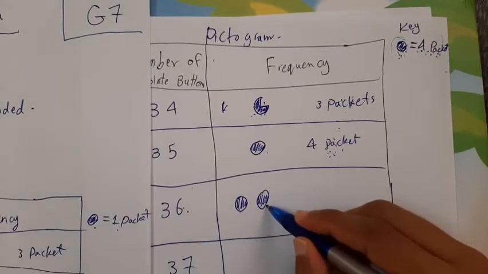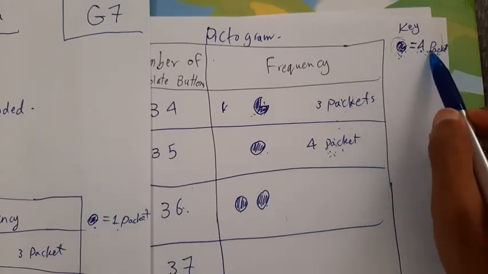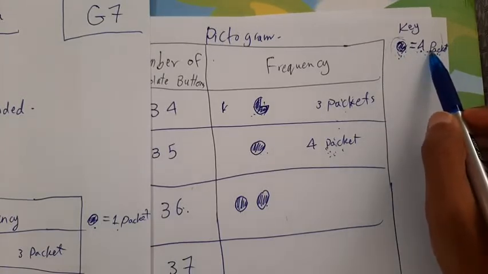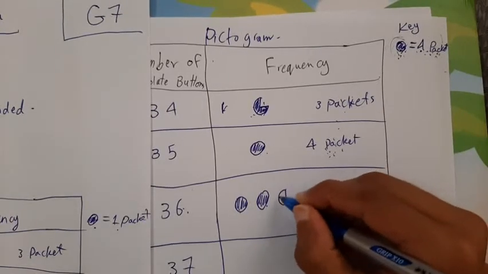How many packets remain to reach the 10? I need 2, right? But one circle is for 4 packets, and now I need 2, so I'm going to draw a half circle to represent 2.